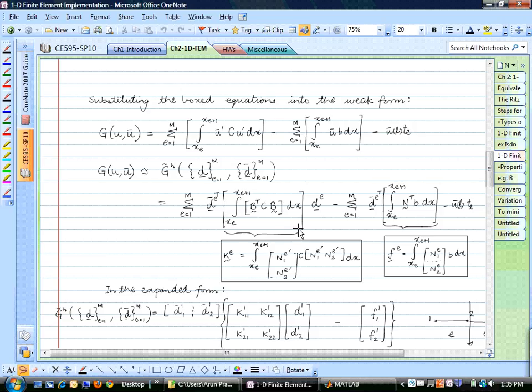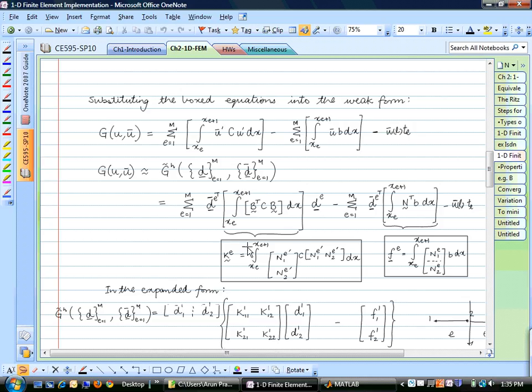So this, we said last time, was the stiffness matrix. Now, is this somewhat familiar to you? Maybe in structural analysis, it came out to be B transpose D B or something like that. So this is the exact same formula for linear one-dimensional finite elements.